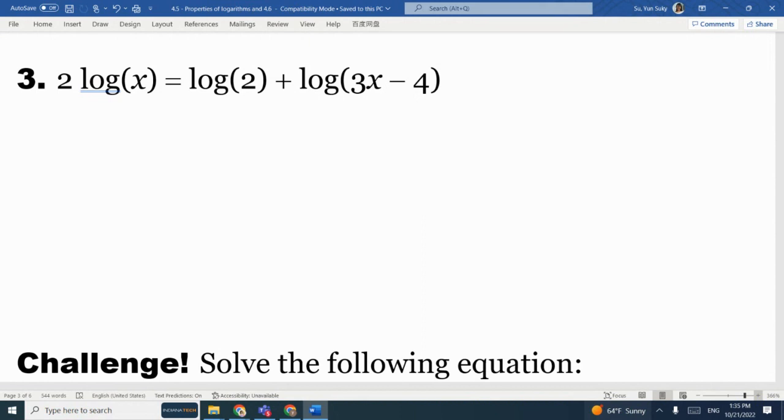This one, you can use the 2 when you have the log x. No, right. It's not 2. Maybe have log x.